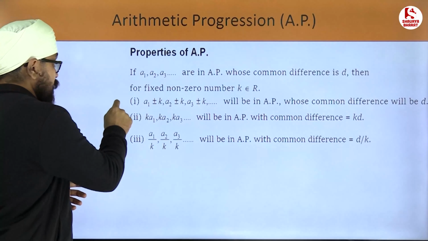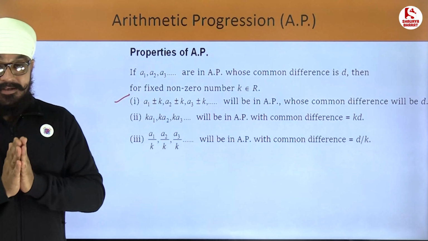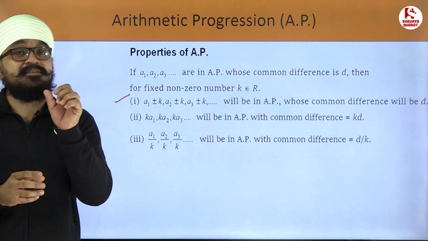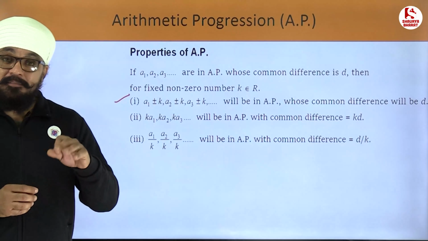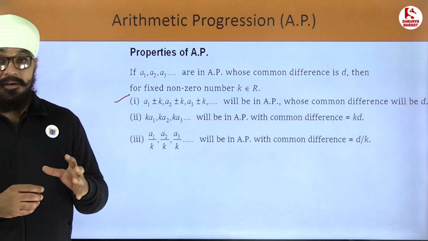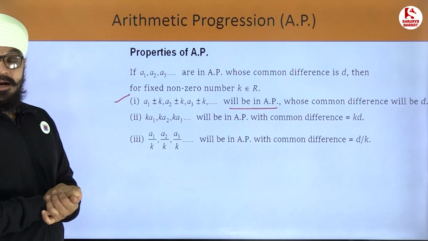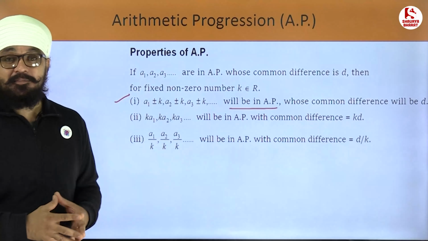First of all, in this arithmetic progression, if we are adding a fixed number k to all the terms, let us say if I am adding 2 to every number, then still they will form an AP. Clear? That means when we are adding k to these numbers, it will again remain an arithmetic progression.